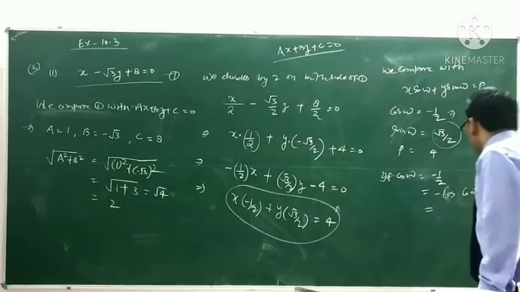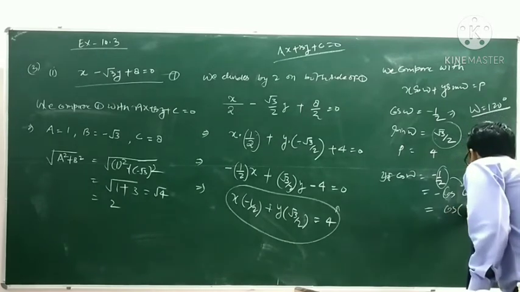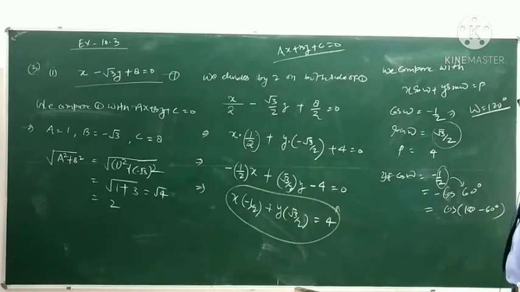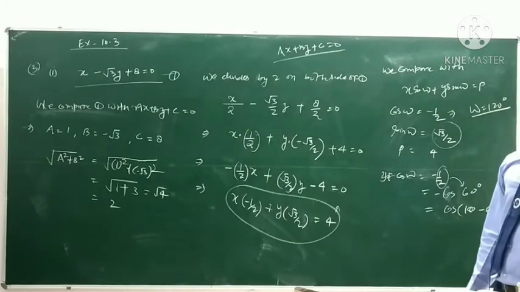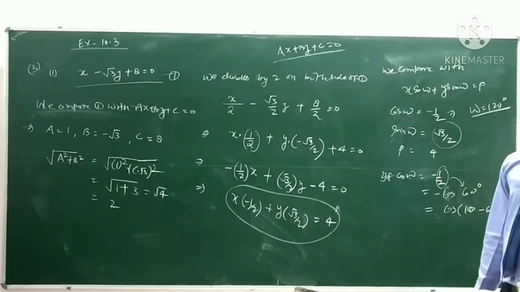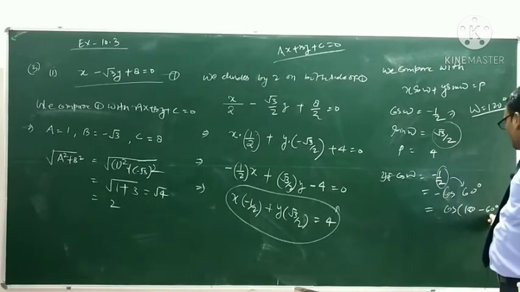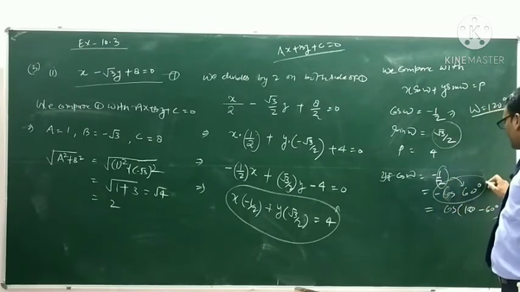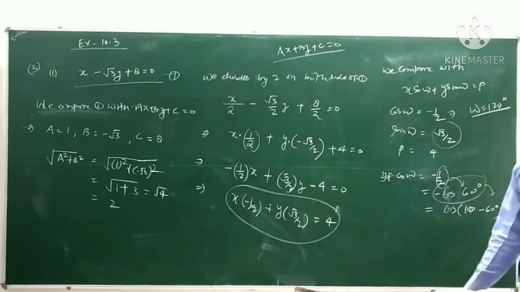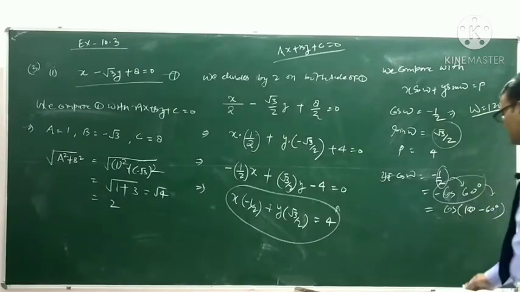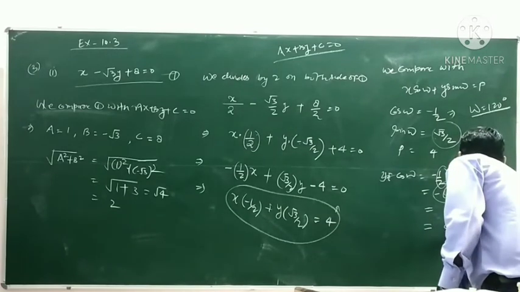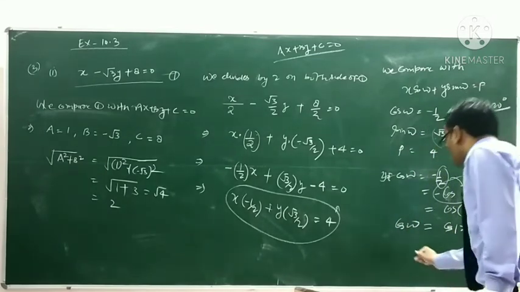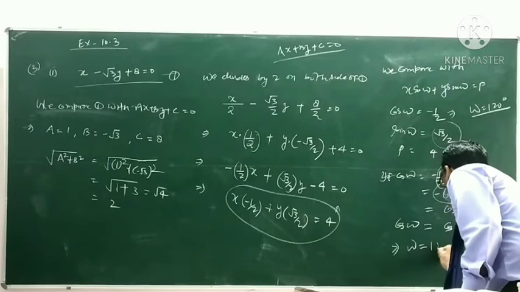This implies that cos 180 minus 60 is minus cos 60, then in place of minus cos 60, we write cos 180 minus 60. Okay, students, this implies that cos omega equal to cos 120. This implies that omega equal to 120.